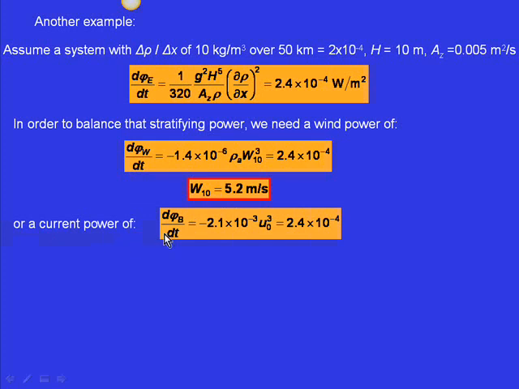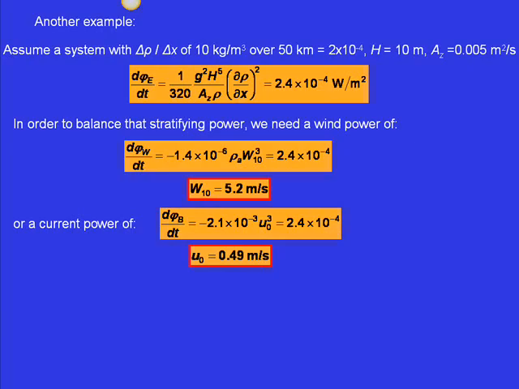And then, how strong of a current do we need? So from the bottom stress mixing power, if the bottom stress mixing power equals 2.4 times 10 to the minus 4, which is the stratifying power from that density gradient, then how strong of a current is it? Does that mean anything?